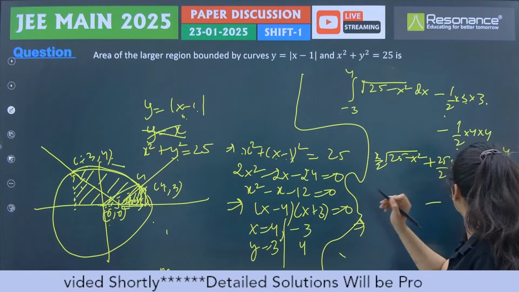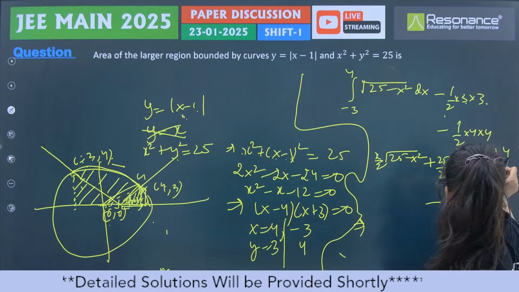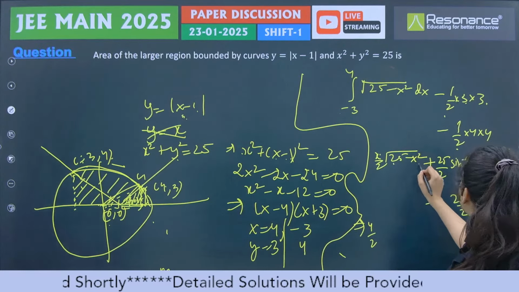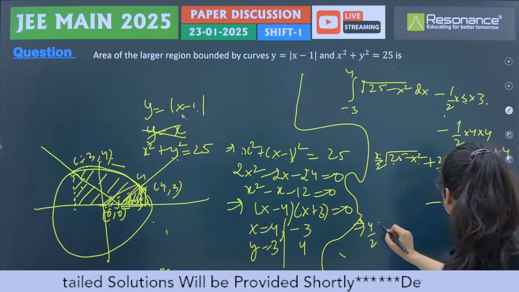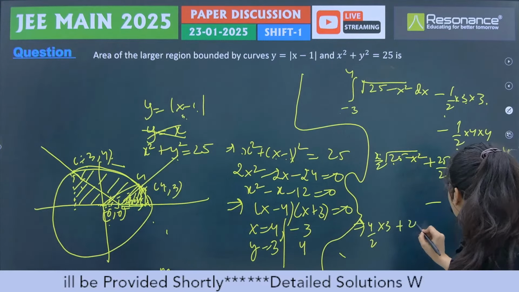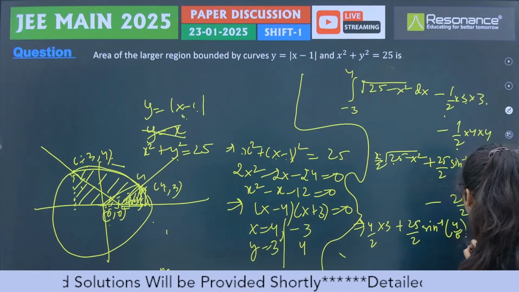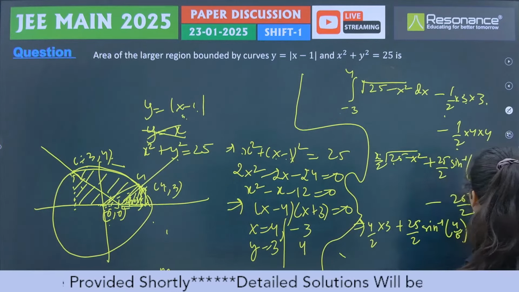So let's put the limits. What are we going to get? If I substitute 4 here, 4 by 2 under root 25 minus 16, which will be 3, plus 25 by 2 sine inverse 4 by 5, minus the lower limit.